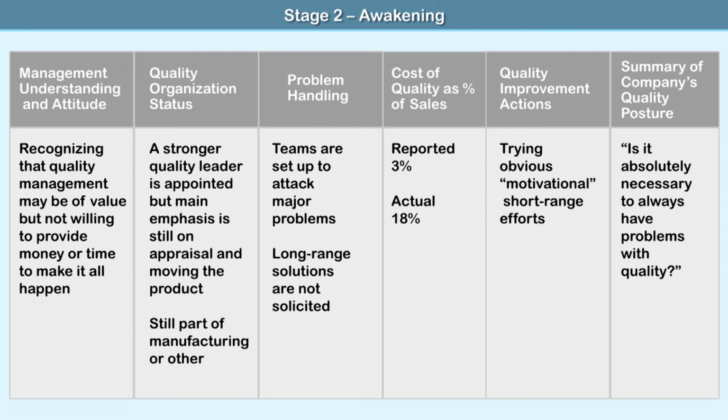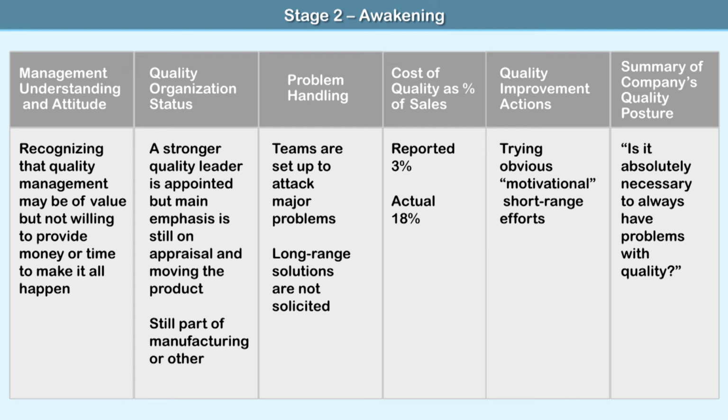Quality organization status for stage 2. A stronger quality leader is appointed, but main emphasis is still on appraisal and moving the product. Still part of manufacturing or other.